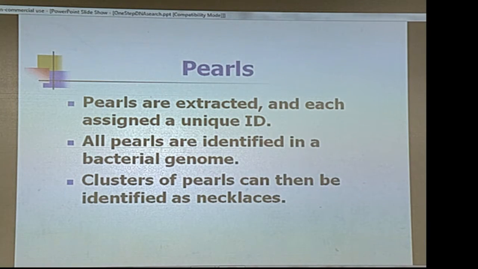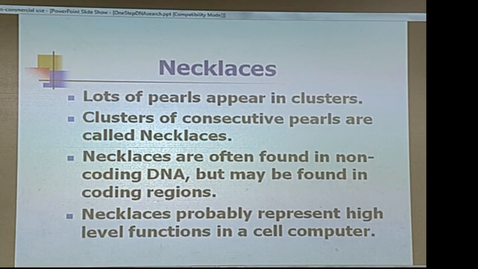You can extract this information and then merge it into my data file, so you can see there's a whole bunch of genes, and there's a bunch of pairs, and then a whole bunch of other genes, and then some necklaces. So these are very useful things for biochemists to look at and see if they make sense.